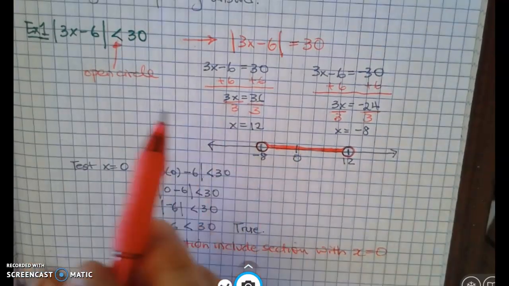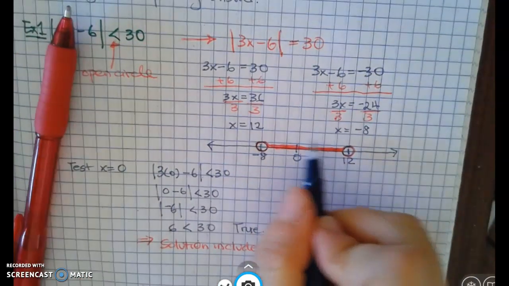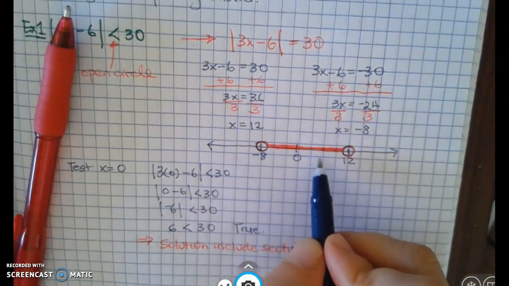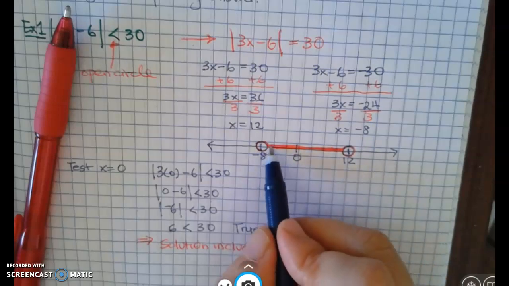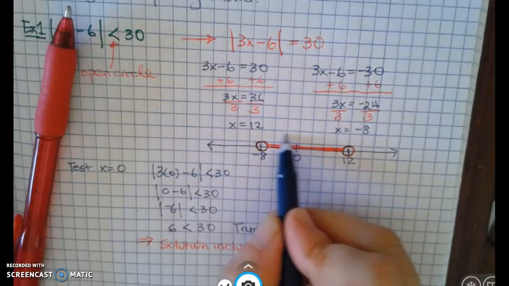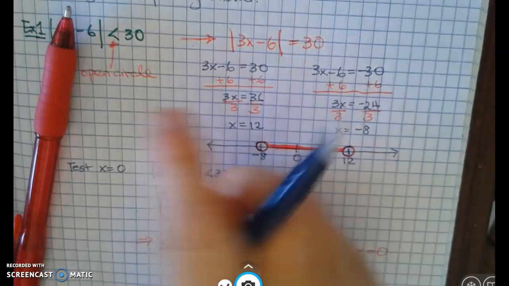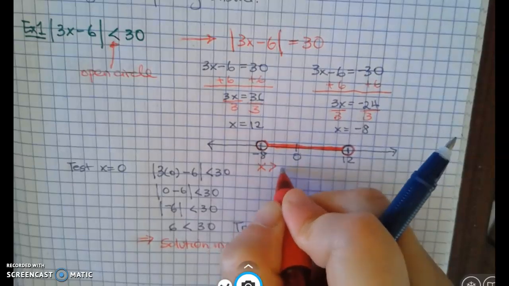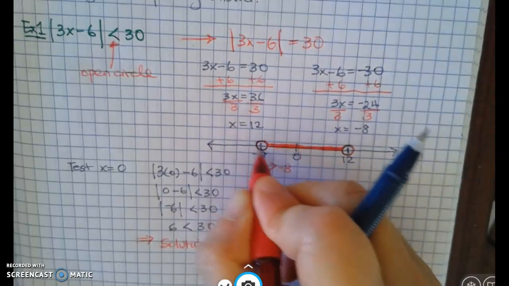So what is the answer going to be? The answer, if I was to rewrite this, that means we actually have what we call a compound inequality. You have two different conditions. If you just look at this condition, you're looking at x, the value of x is bigger than negative 8. This is this half.